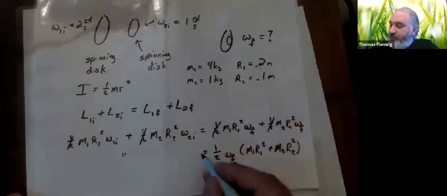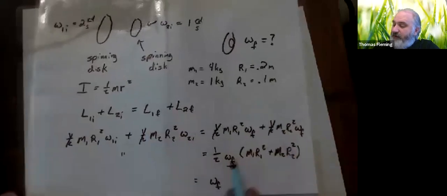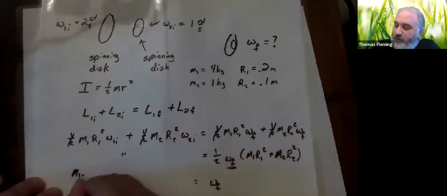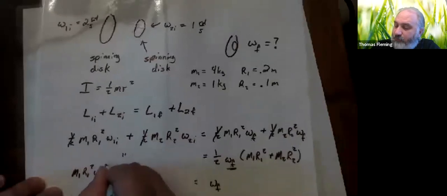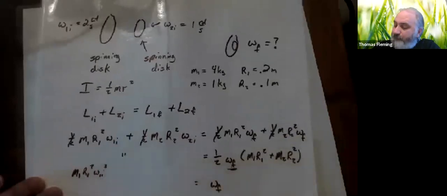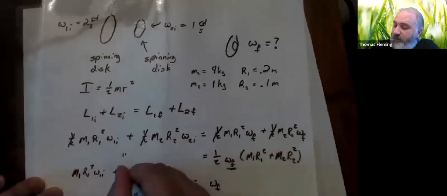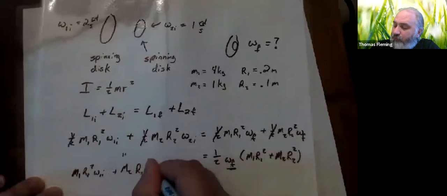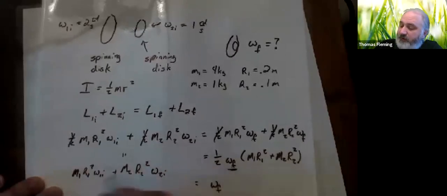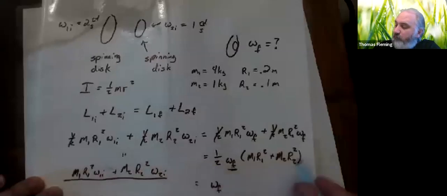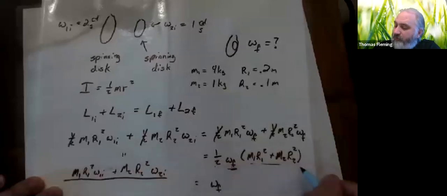I don't want to write it over again, you get the idea. So I'm going to have m1 r1 squared omega 1 initial, not squared, hello, plus m2 r2 squared times omega 2 initial, and all of that is going to be over all this garbage.